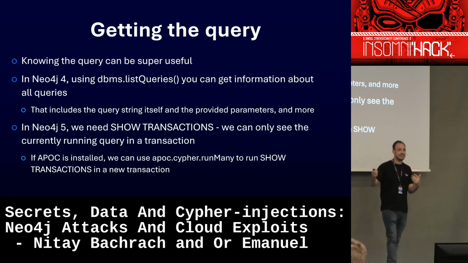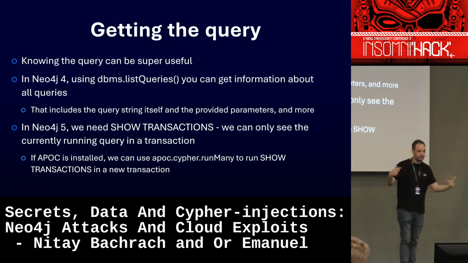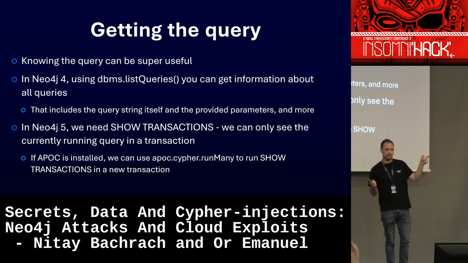If we know what it is, we can affect the execution flow of the application, because we know what data it wants to return and how to return it. For example, if it was an app that is retrieving a user and some fields about the user, we can change the role from user to admin.